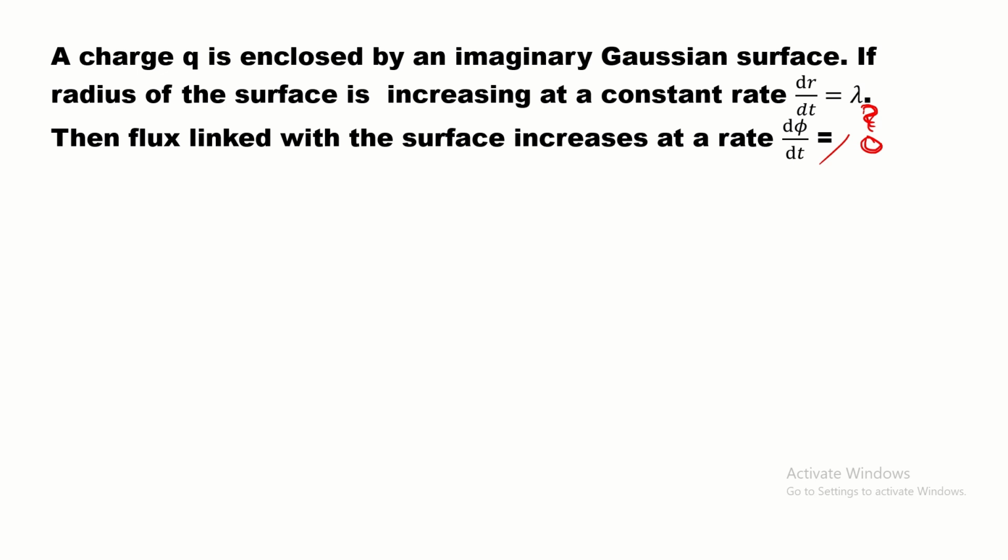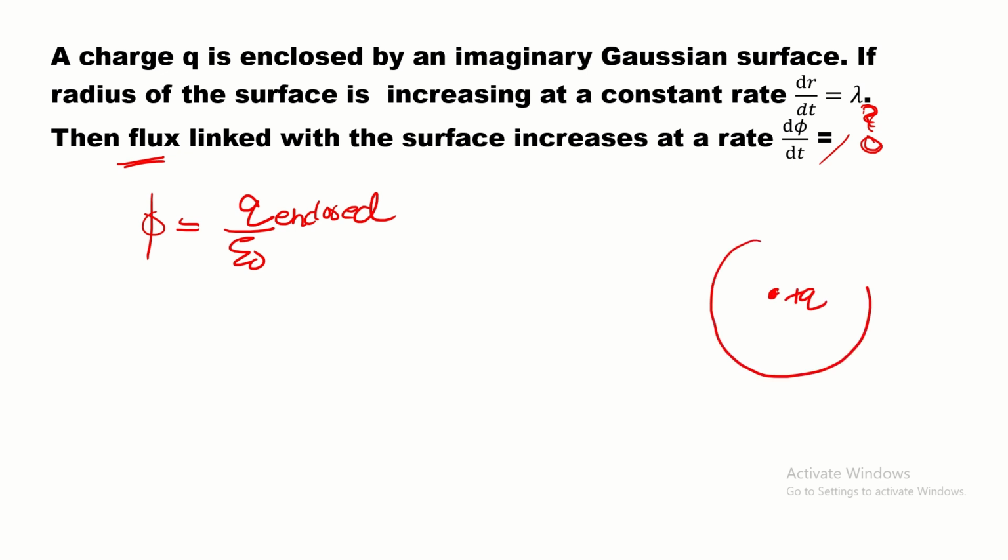However, we do not need lambda for this, because we know that electric flux is equal to q by epsilon naught, where q is the enclosed charge. So over here we have an enclosed charge and a Gaussian surface of radius r, and only the radius increases at a rate of lambda.